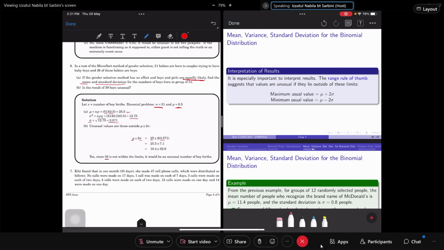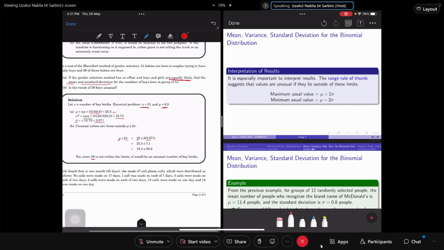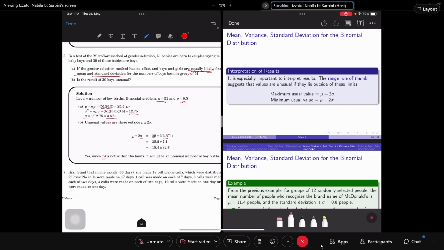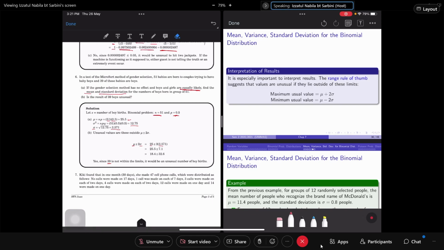Number 7. Kiki found that in 1 month, in 30 days, she made 47 cell phone calls which were distributed as follows. So no calls were made on 17 days, 1 call was made on each of 7 days, 3 calls were made on each of 2 days, 4 calls were made on each of 2 days, 12 calls were made on 1 day, and 14 were made on 1 day.